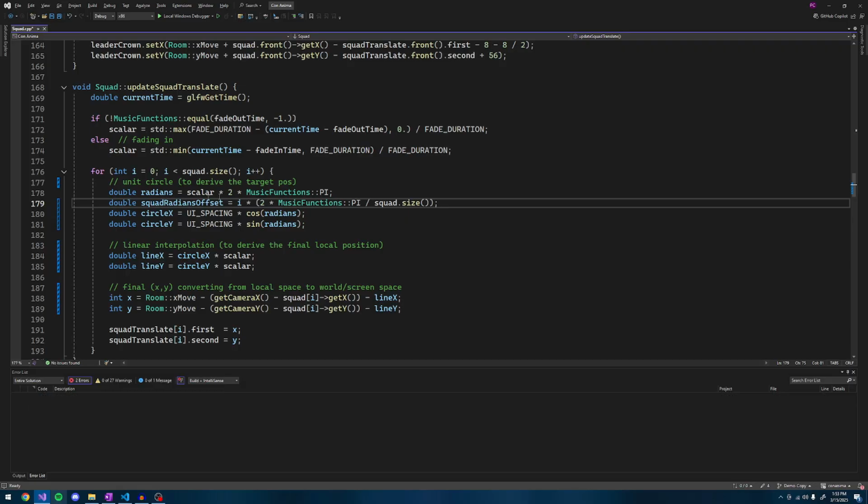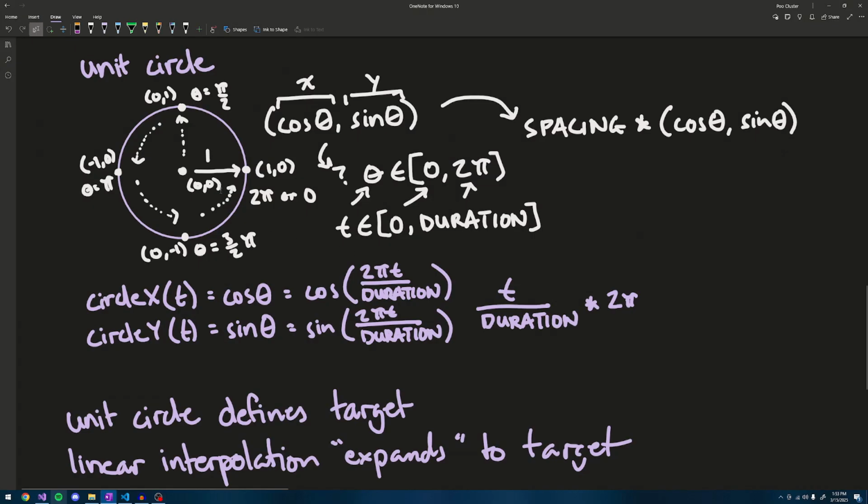So what is this doing? Basically, per character, that's what I is, the I defines each character, we are going to move, in this case, squad is 4, a fourth of the circle. That way, we can have them always be a fourth apart from each other.